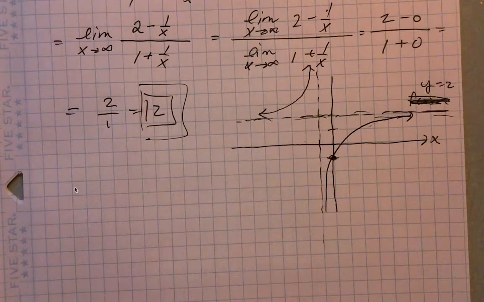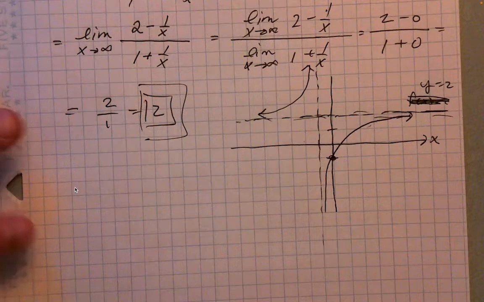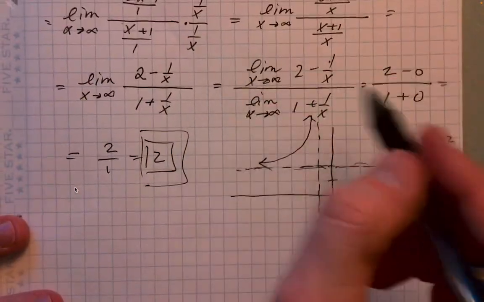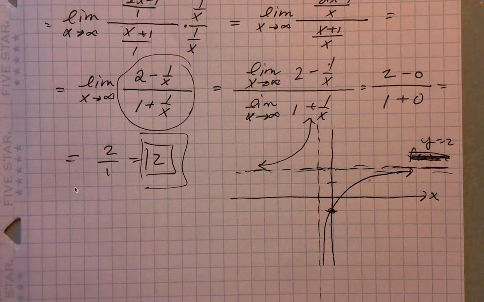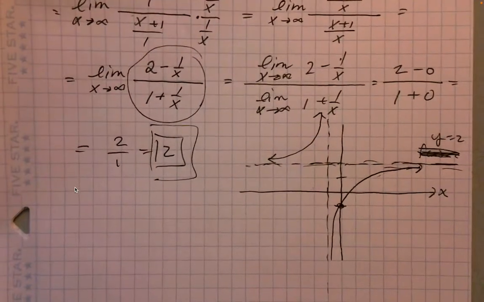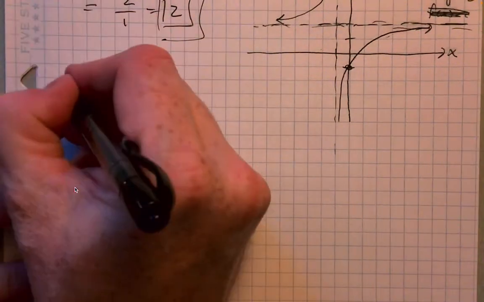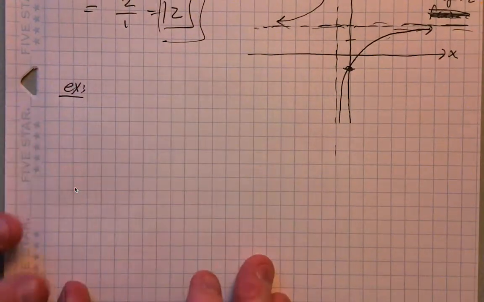Okay, good. So this technique is a very useful approach when dealing with horizontal asymptotes, limits at infinity, particularly of rational functions, obviously. So let's do some more examples just to make sure that that's really firmed up.